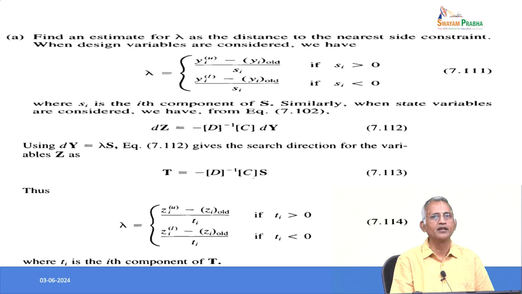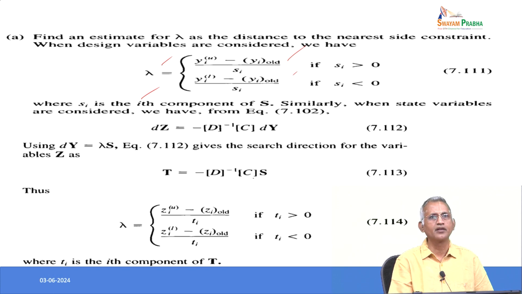When design variables are considered, lambda equals y_i upper minus y_i old divided by S_i if S_i is positive, and y_i lower minus y_i old divided by S_i if S_i is negative, where S_i is the ith component of S.